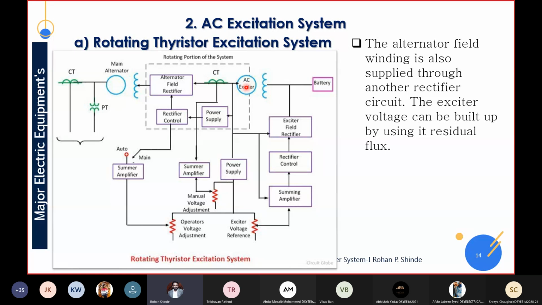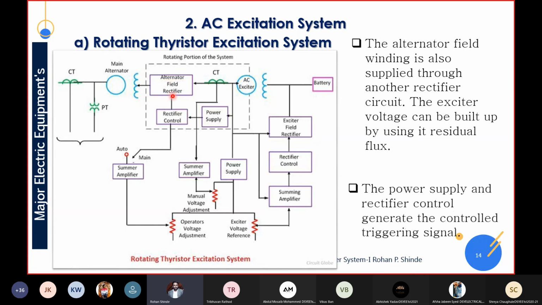See here, this is the alternator field winding, and this alternator field winding is further connected to another rectifier circuit. So this exciter voltage can be built up by its residual flux.